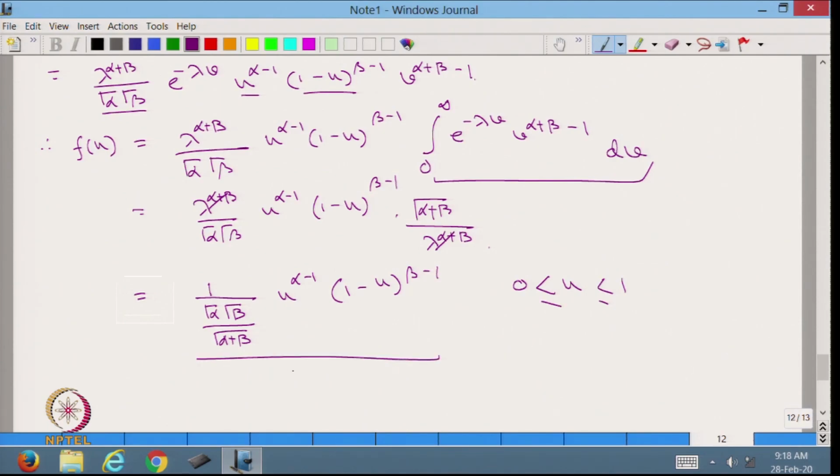Therefore, we get x upon x plus y is distributed as beta 1 with parameters alpha, beta.